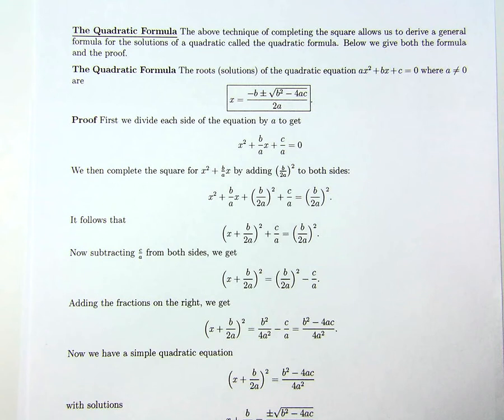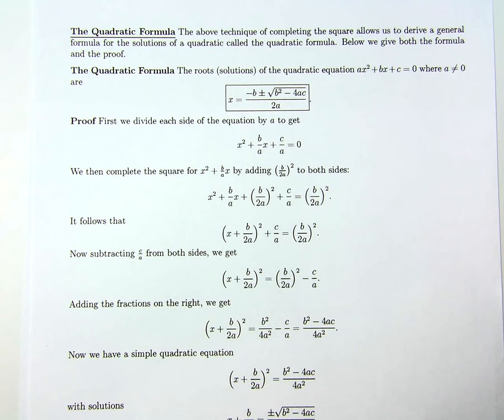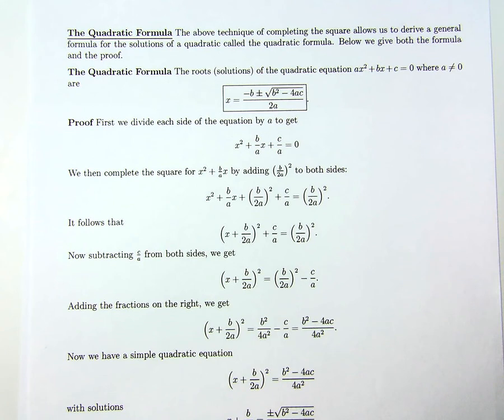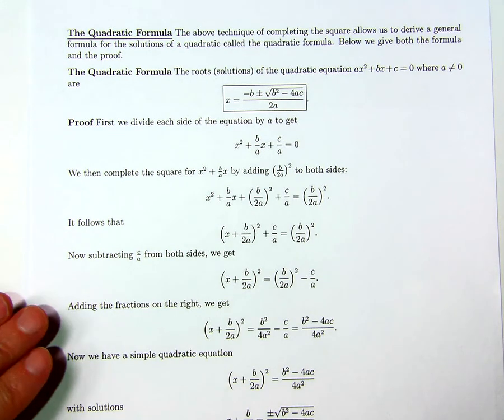Now if you look over the previous example, this method of completing the square to solve quadratic equations allows us to actually come up with a general formula for the solutions of a quadratic equation. And so if you pull out the general principles of the previous calculation, you can figure out what this formula is.